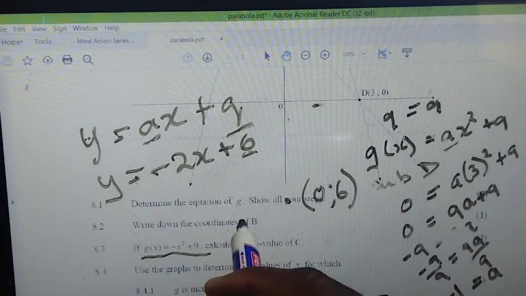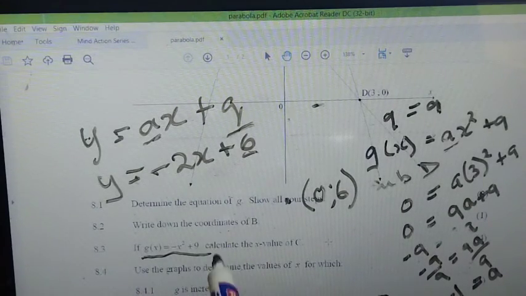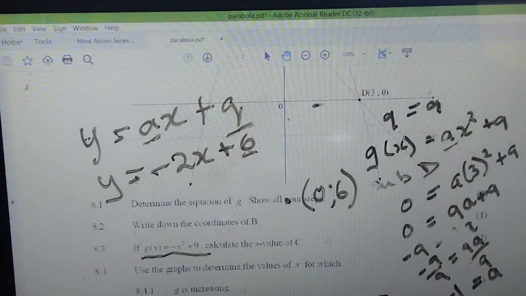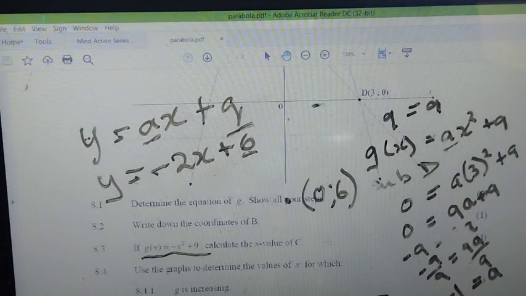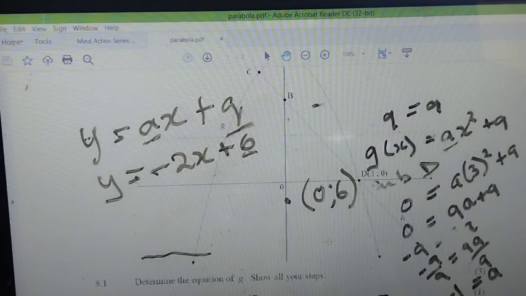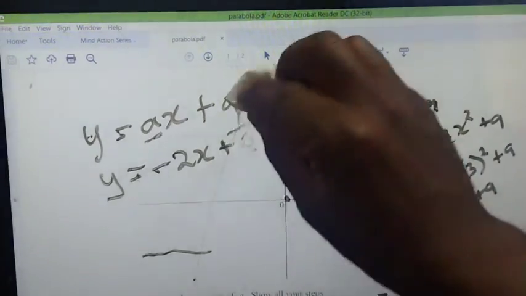So even if you had missed it here, you still have a chance to go back and rectify your mistakes so that you come to this equation. Anyway, we are asked to calculate the x value at C. Now, where is C? C is the intersection of the two functions.